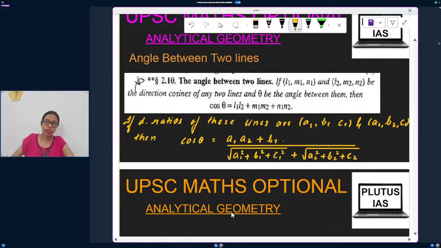Numerator is going to be A1 A2 plus B1 B2 plus C1 C2.